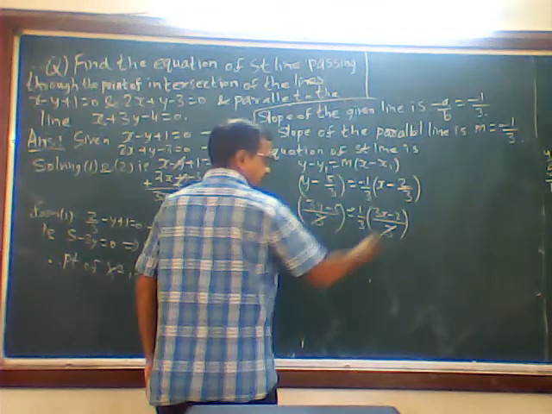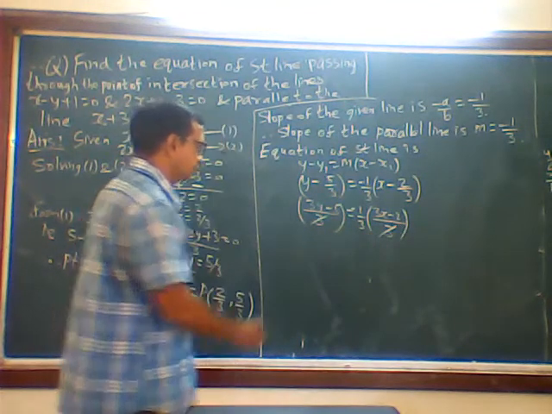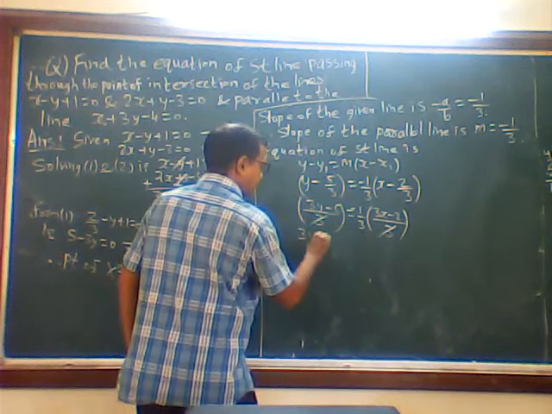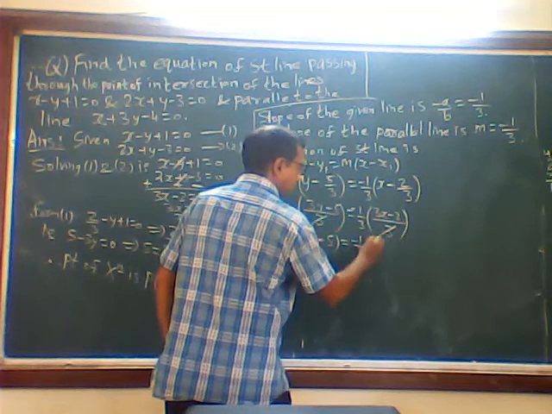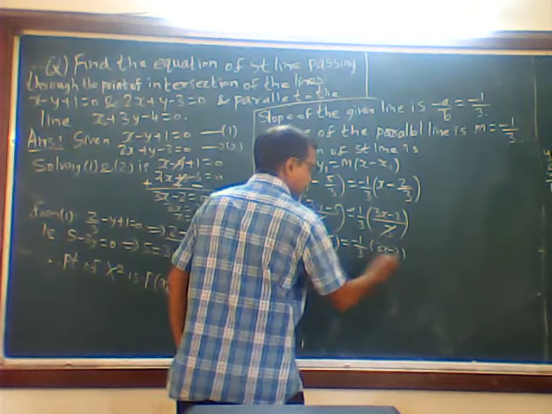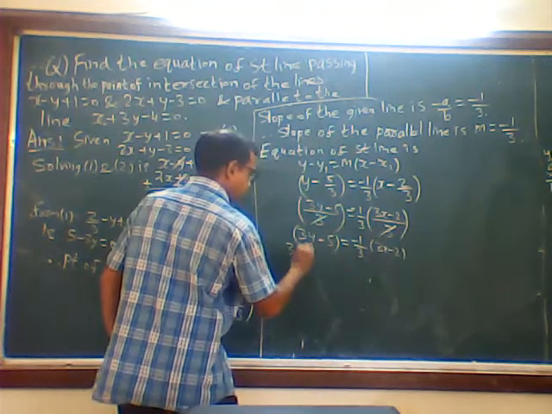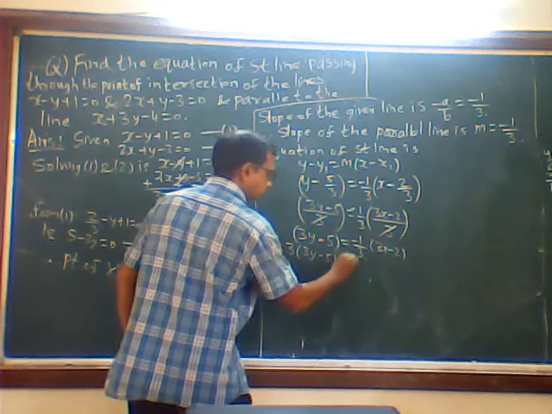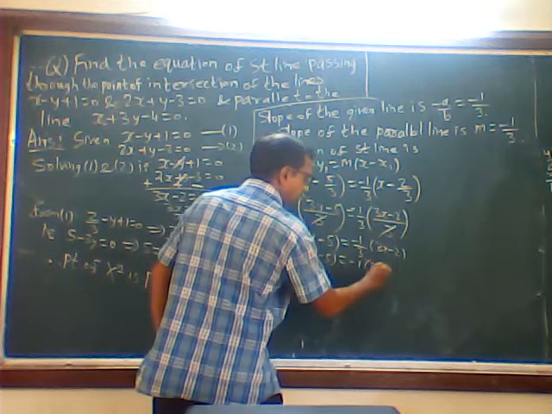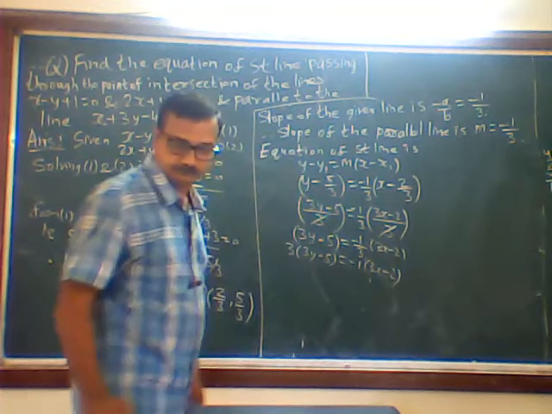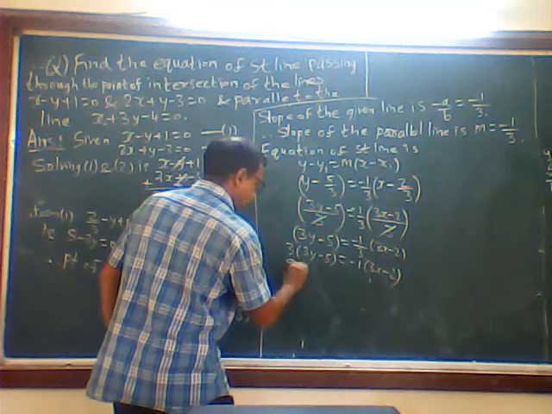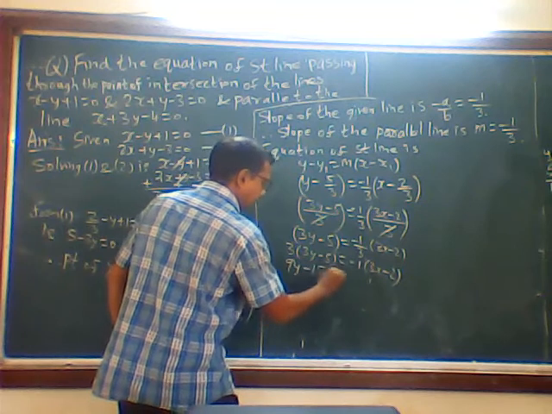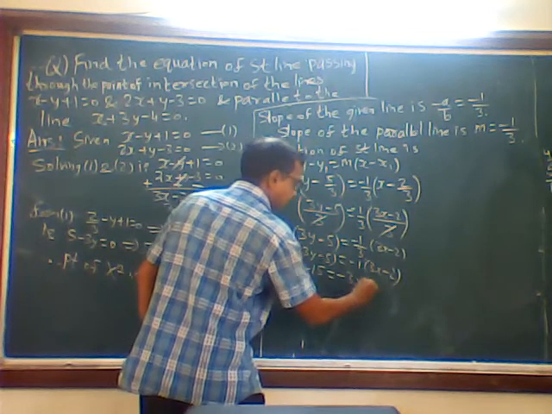Now this 3 I will cancel. Now I am left with 3y minus 5 is equal to minus 1 upon 3 into 3x minus 2. This 3 will come here: 3 into 3y minus 5 is equal to minus 1 into 3x minus 2. Multiplying, 9y minus 15 is equal to minus 3x plus 2.